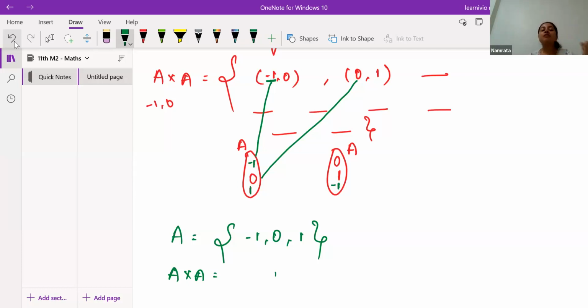Our set A must contain 3 elements. And the 2 given ordered pairs give us the idea that the 3 elements can be -1, 0 and 1. That's it. Now we just have to find A cross A. That can be done easily. All right.